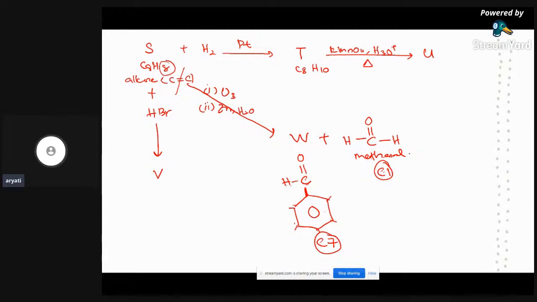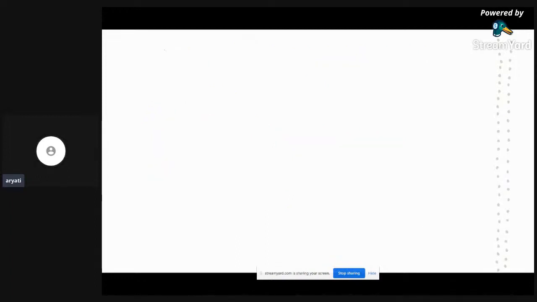So bila kita dah lukis W, kita boleh lukis structure for S. So the structure for S will be, okay, so saya lukis, kita dah tahu struktur bagi W. So W ialah double bond OH.